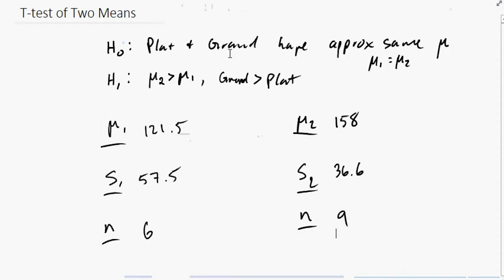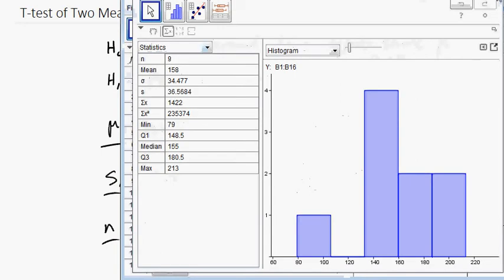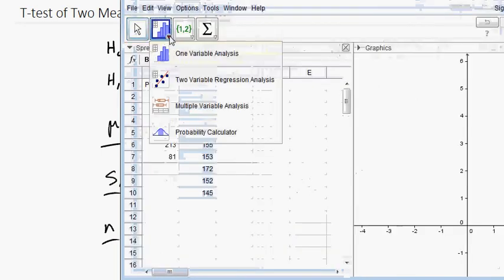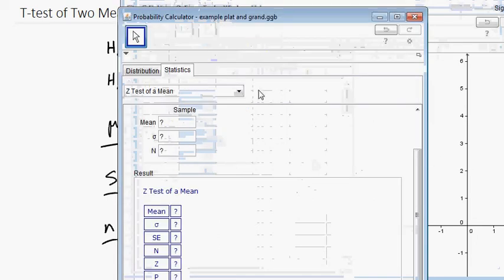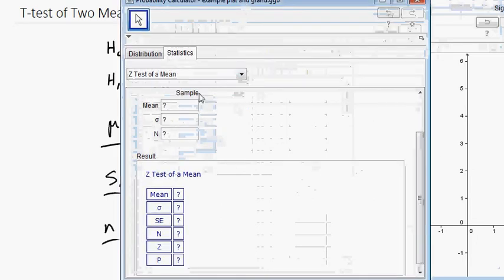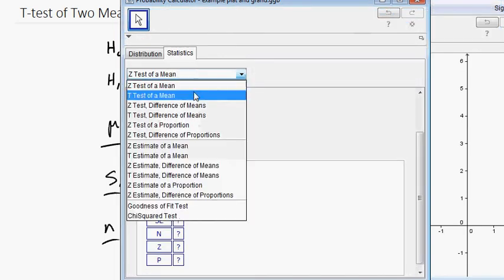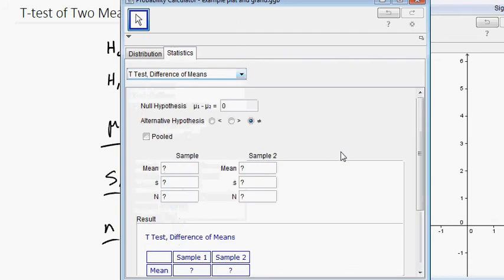And again, to do this test, I'm going to do it in GeoGebra. So going back to GeoGebra, I'm going to go back to the probability calculator, so it'll do my work for me. Now, under statistics, you have to click under the z-test or t-test, difference of means.